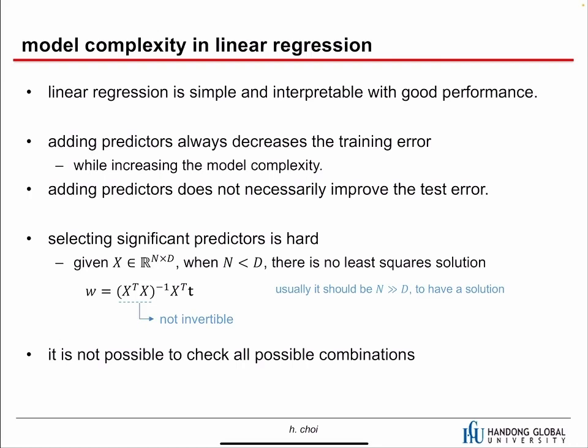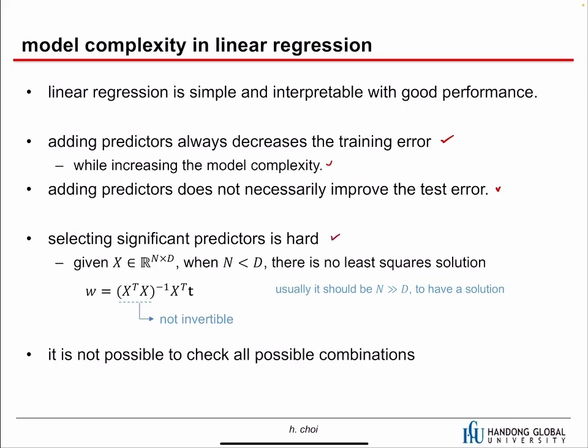It means we have more features and we can increase the model complexity, and then we can always decrease the training error with the bigger model. Okay, and then adding predictors does not necessarily improve the test error because we might have an overfitting problem.